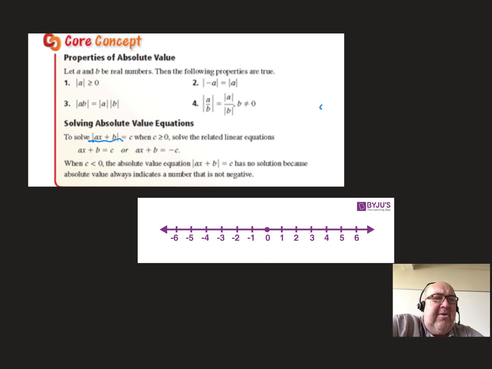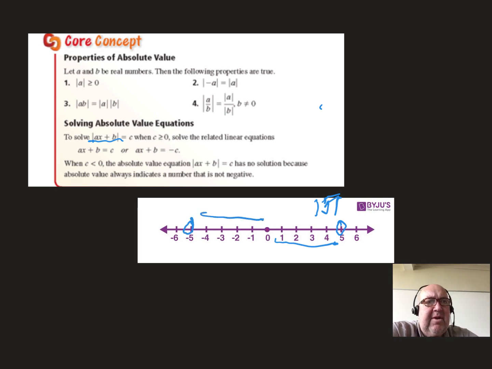Absolute value is actually defined as a distance from 0 on a number line. So if I have the absolute value of x equals 5, there are two values that make that true. The number 5 is 5 units away from 0 on the number line, and negative 5 is also 5 units away from 0 on a number line.